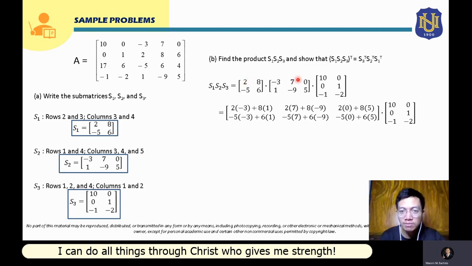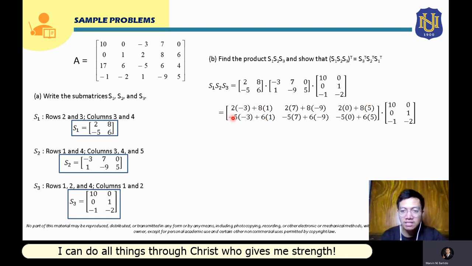Now for this element, you multiply the first row by the second column. That will be 2 times 7 plus 8 times negative 9. For this element, it is the product of the first row and third column, so 2 times 0 plus 8 times 5.